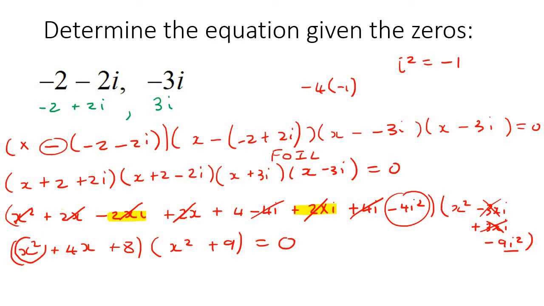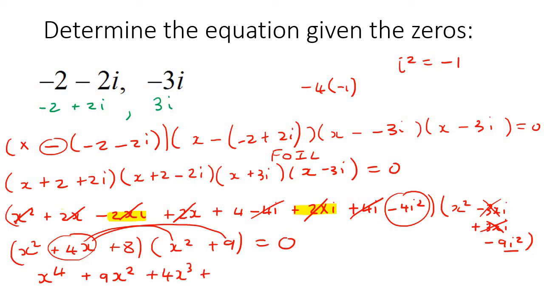So I'm going to take this x squared, and I'm going to multiply it there and there. So that's going to give us x to the 4 plus 9x squared. And then I'm going to take this 4x and multiply it with those two, plus 36x. And then this one would be 8x squared plus 72.